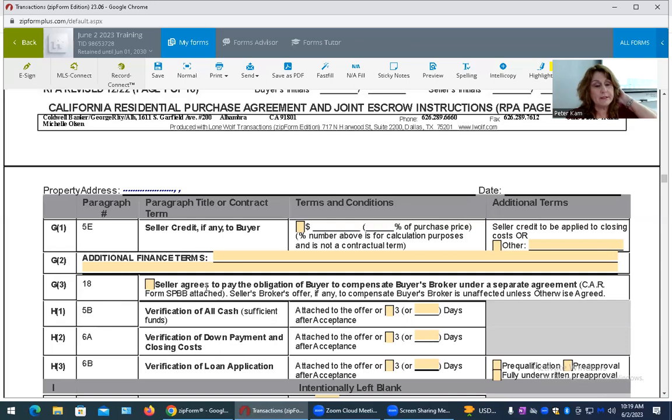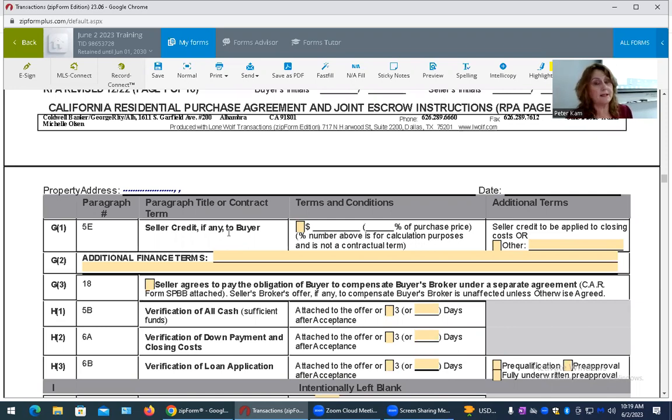Now, if that happens to you, do your best for your client. If something happens where, oh no, the lender's only allowing 8, you're already going to be ahead of the game because you're great buyer's agents and you've already talked to the lender. But in the event it does, you may want to ask the other side to reduce the sales price by 2,000 or something, whatever they couldn't credit.